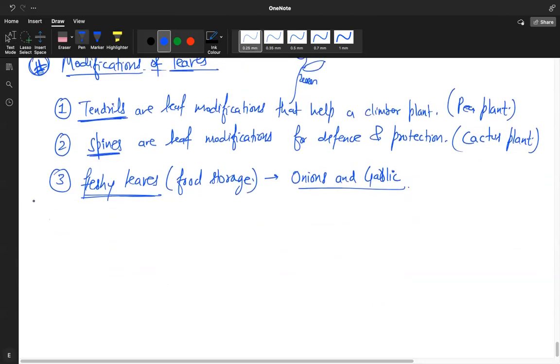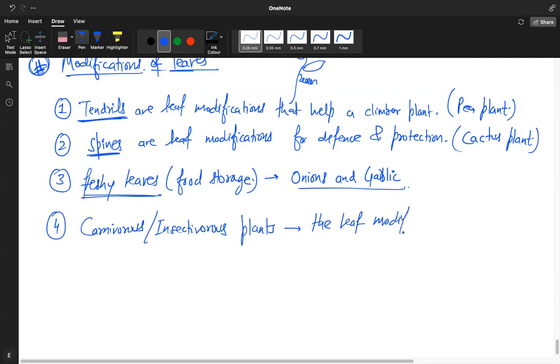Okay. Sometimes leaves can be modified to a very large extent. For example, in pitcher plant and Venus flytrap. So carnivorous or insectivorous. So in them, write down, the leaf modifies to trap animals.